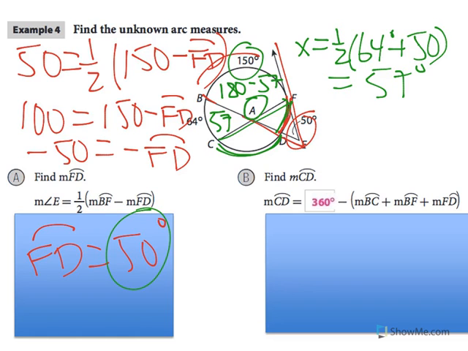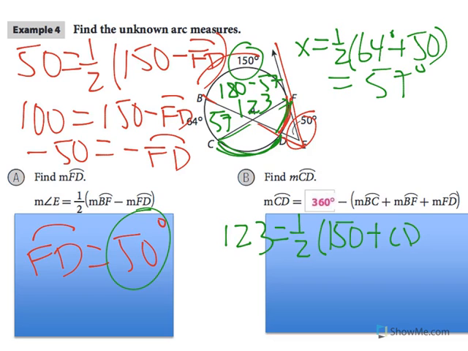So we know that this angle here now is 123. So now we can use that to solve for our arc from C to D, right? So we say that 123 is equal to 1/2 of 150 plus CD.